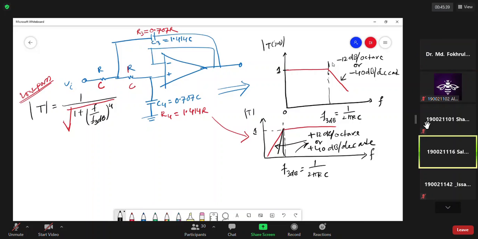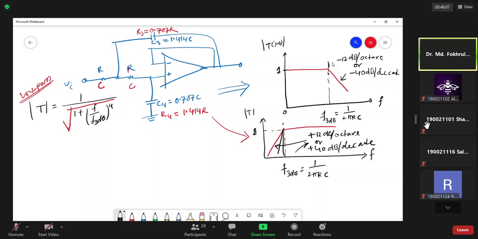Sir, when we set the derivative with respect to omega at omega equal to 0 to zero, why do we get a flat line? The maximally flat one? Actually, that one is the derived condition. If you follow this, then it will provide you the maximally flat response, because that condition makes as much as possible zero from the transfer function.